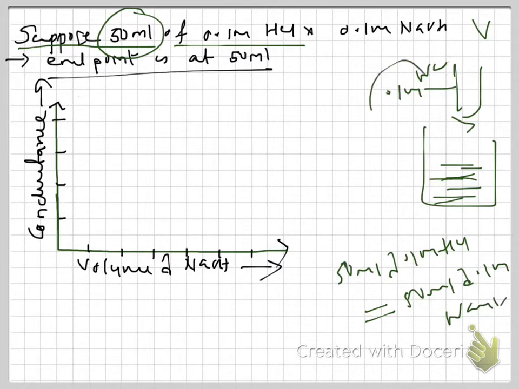So we have 0.1 molar NaOH in the burette and 50 ml HCl in the conductivity cell. When we add NaOH to this solution, fast moving H+ ions in the solution are replaced by slow moving Na+ ions.